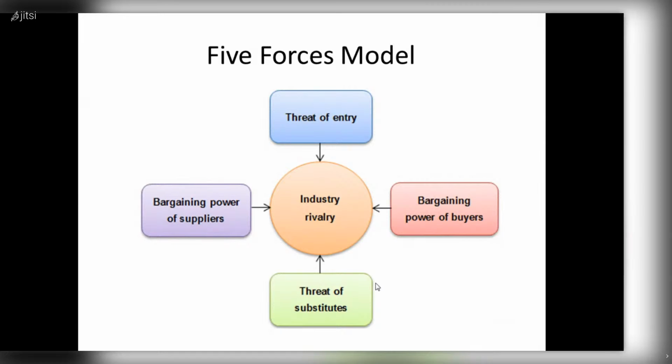When it comes to an unattractive industry, there are low profits, low barriers to entry, strong suppliers' bargaining power, strong buyers' bargaining power, and many substitute products or services, with increased competition.